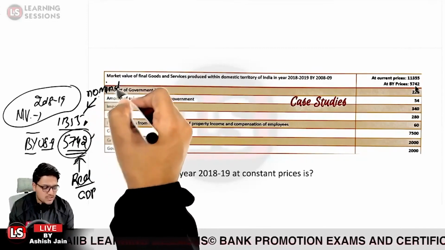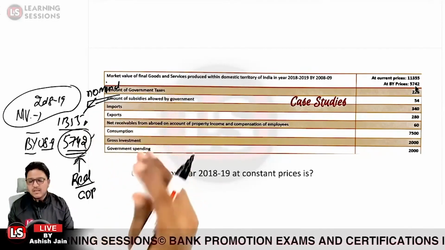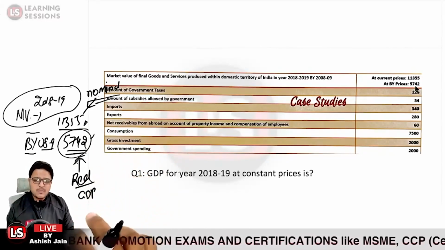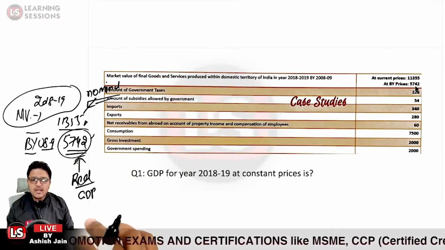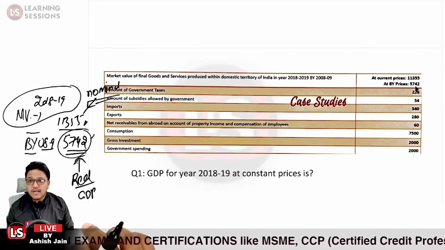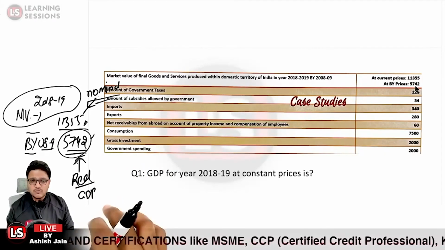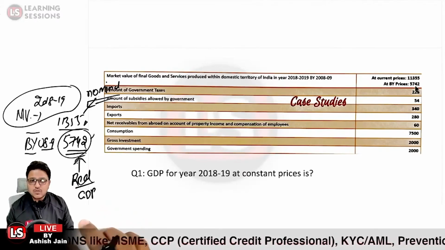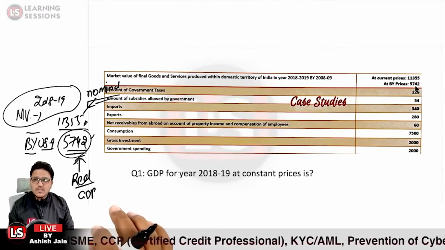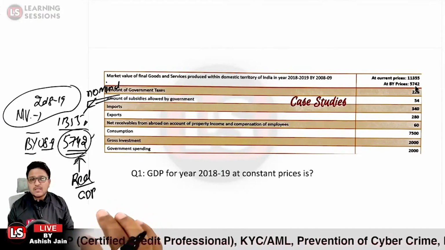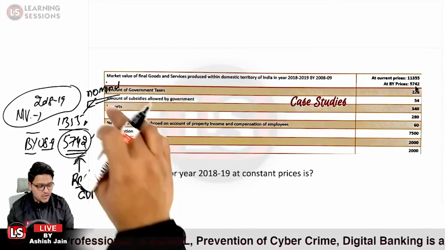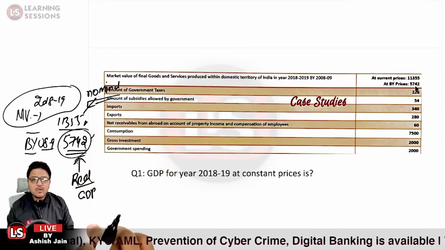Do not just listen, be clear about the concepts. When I talk about constant prices, it is related to real GDP, which reflects the actual growth. But in the case of nominal GDP, it is related to the current prices or market prices.